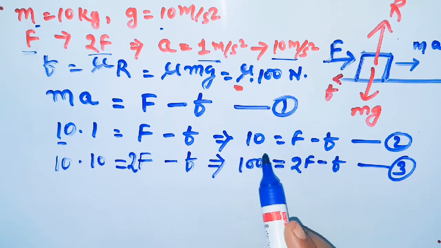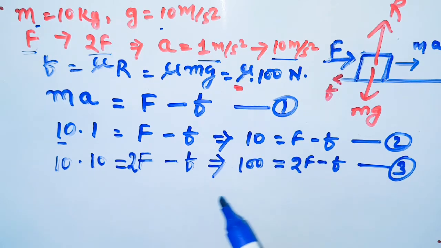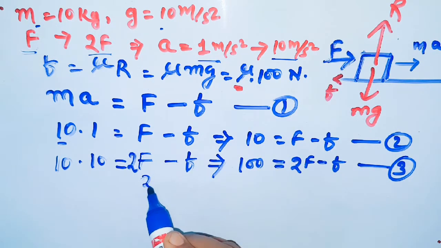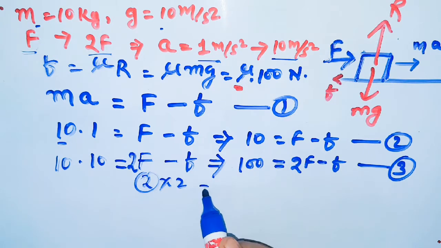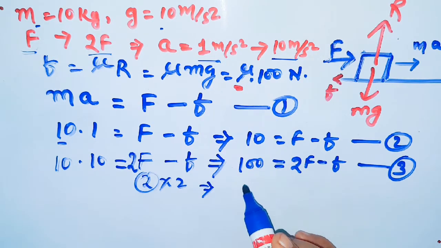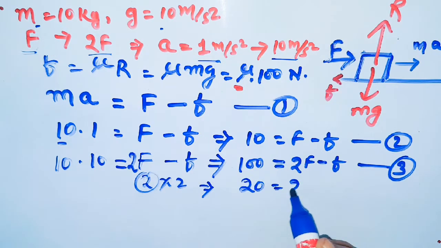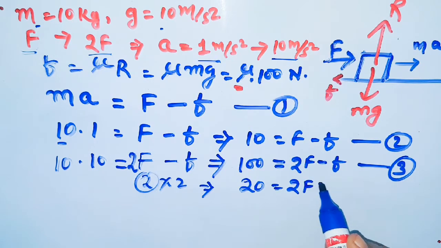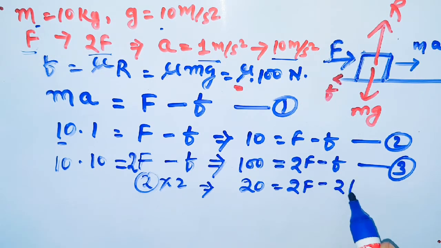Now multiplying 2 with equation number 2, when equation number 2 is multiplied with 2, we'll get 20 is equal to 2F minus 2f.